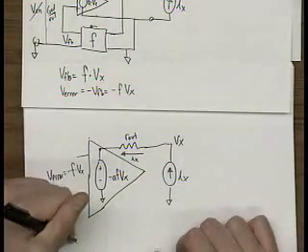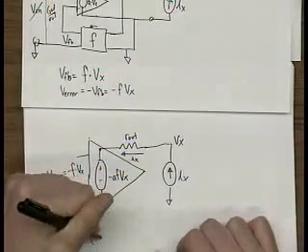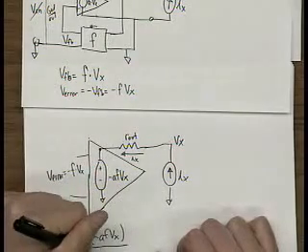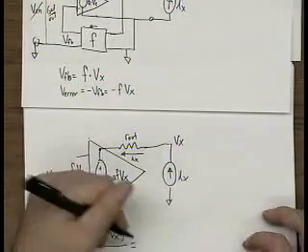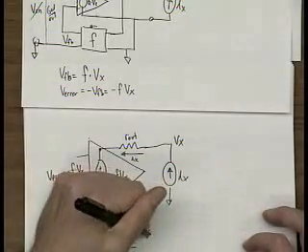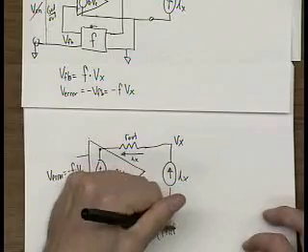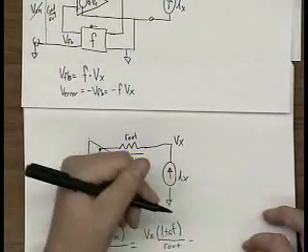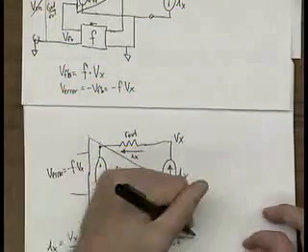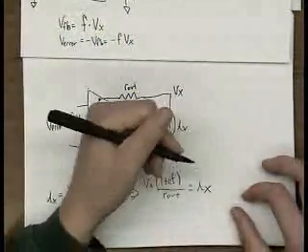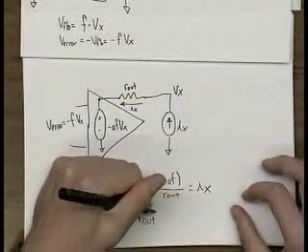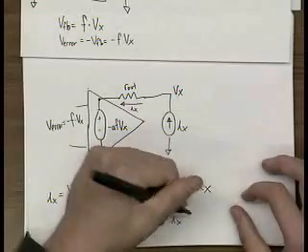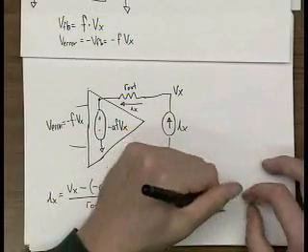So it's Vx minus AF Vx over R out, which is equal to Vx times 1 plus AF over R out, and that equals Ix. So R out prime is equal to Vx over Ix, which is R out over 1 plus AF.